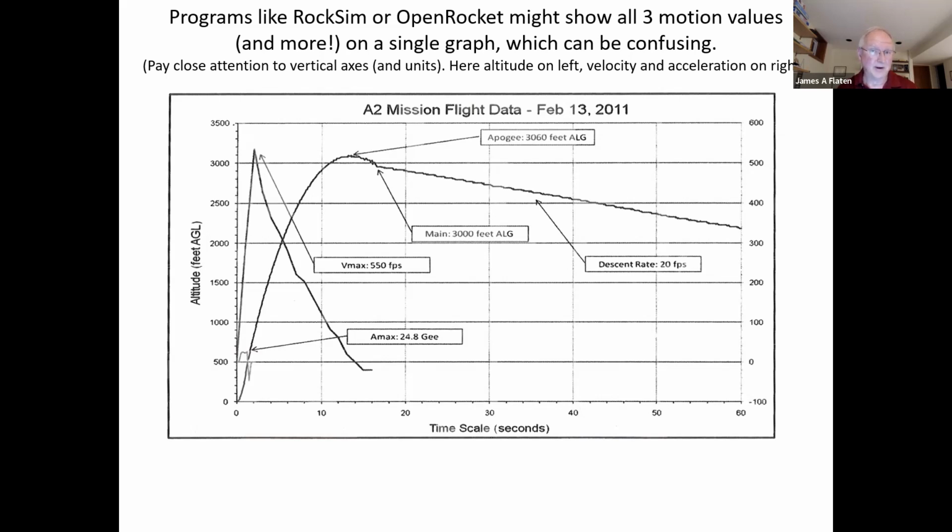On the other hand, the same graph is going to use the right-hand numbers. This is confusing, but the right-hand numbers for acceleration as well. And that would be in G's, in numbers of this G constant, where G is the free fall gravity constant, okay? And that's actually a very small thing. It's right down in the left-hand corner, and it shows that the acceleration goes up to about 25 Gs, stays there for a very short time, less than 2 seconds.